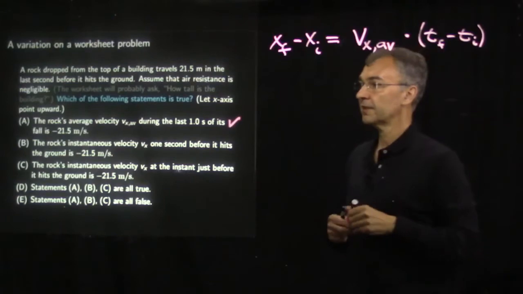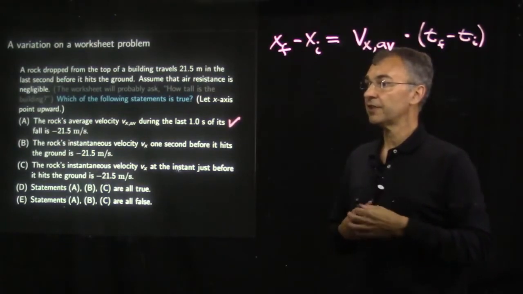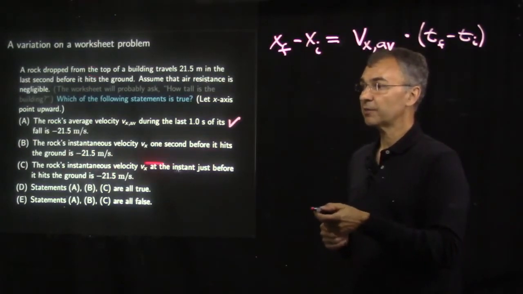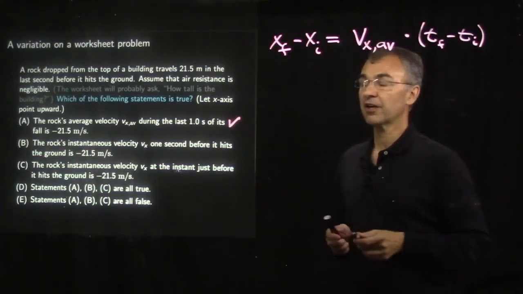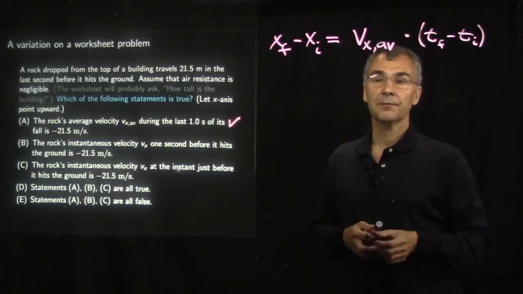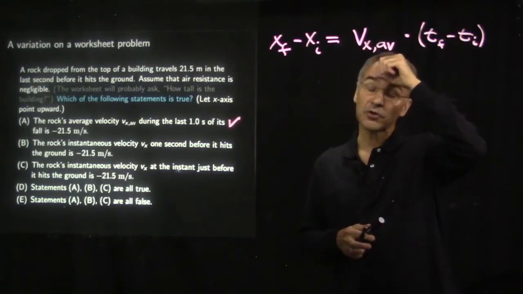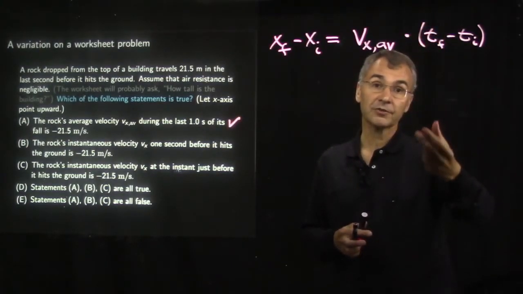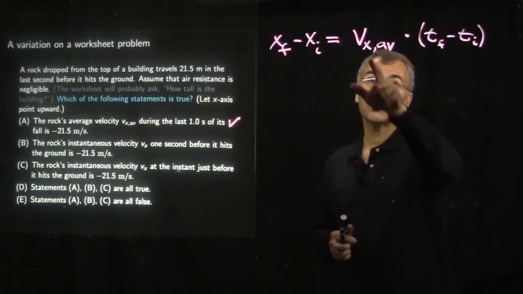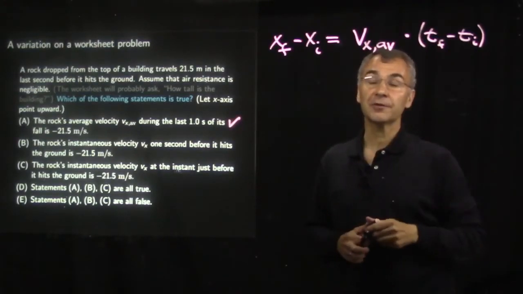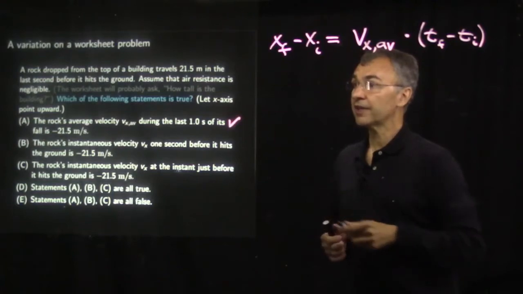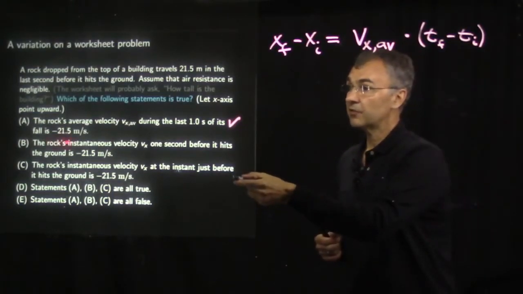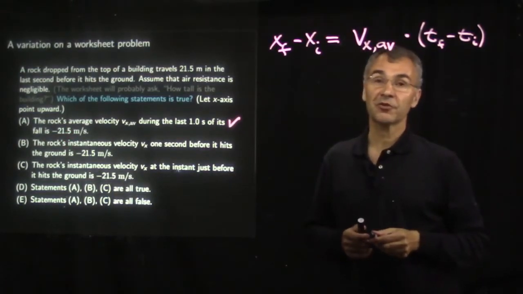A, is the rock's instantaneous velocity 1 second before it hits the ground minus 21.5 meters per second? I actually don't think so, because the rock, as it falls, is falling faster and faster and faster. So you know that its average velocity during the last 1 second of its fall is minus 21.5 meters per second.